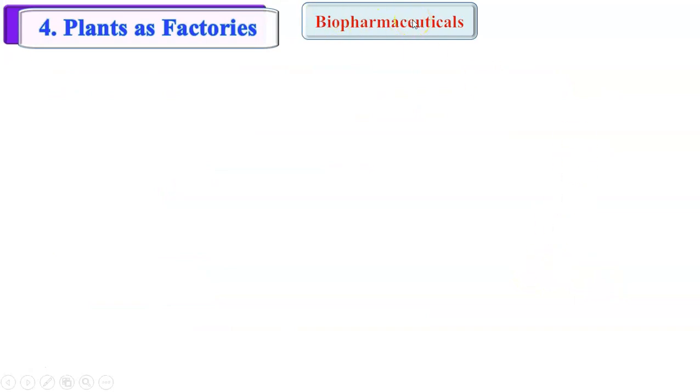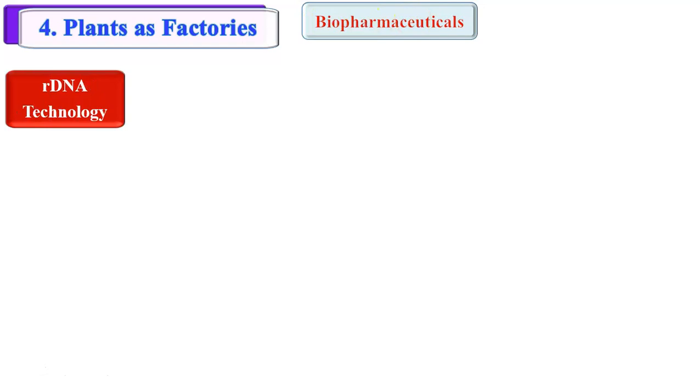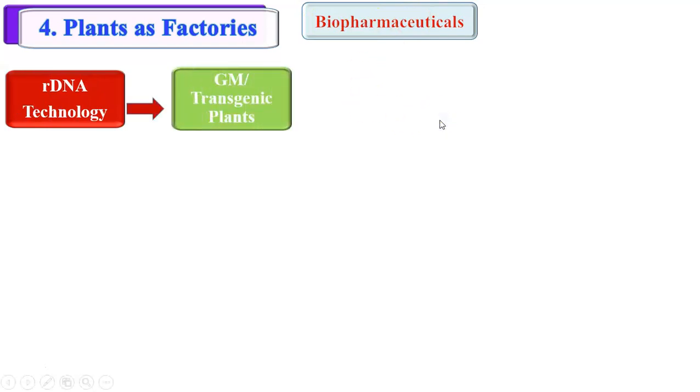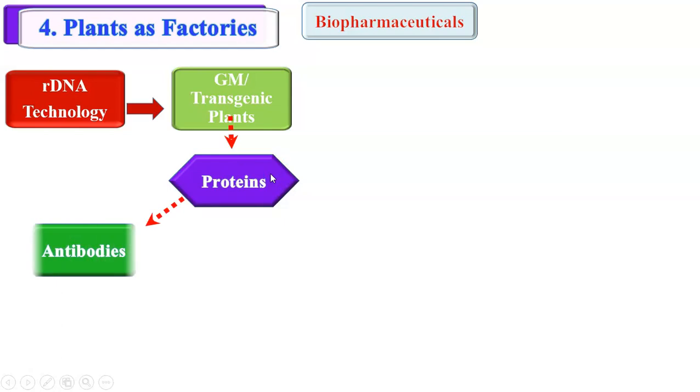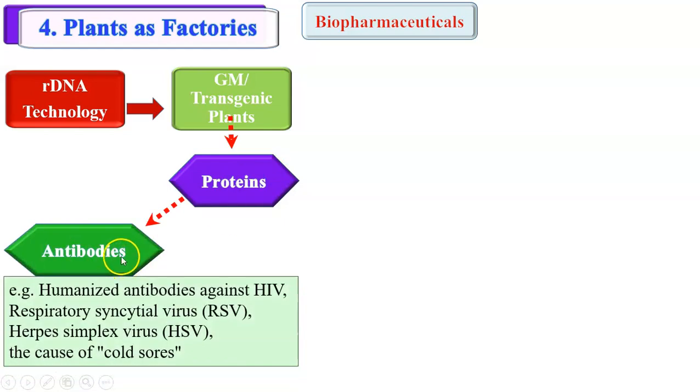Biopharmaceuticals. Recombinant DNA technology when gives rise to the transgenic plants, these transgenic plants produce various compounds which might be proteins, hormones, antibodies, vaccines, enzymes, etc. But some type of proteins which are produced from these transgenic plants can be used as antibodies.